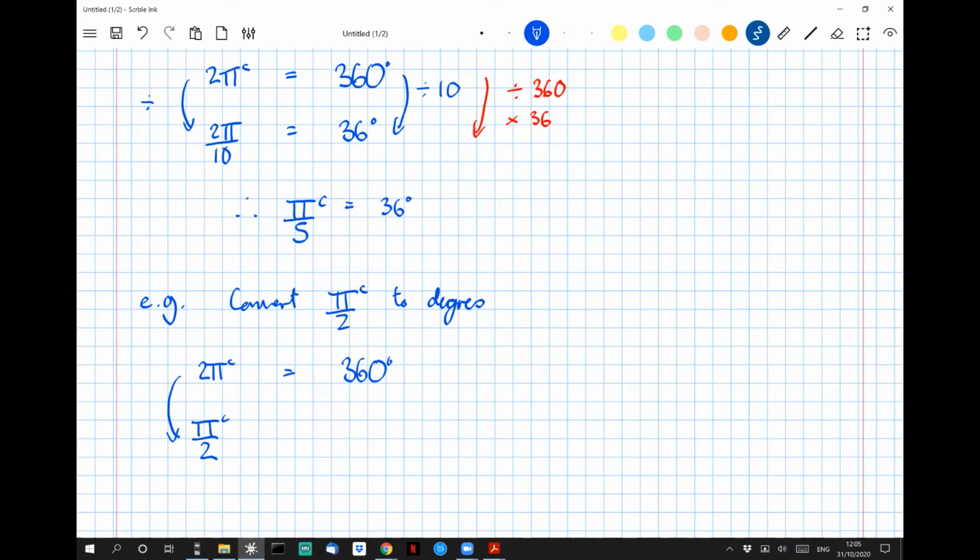However, let's do it the longer way, just to illustrate that it's equivalent. So find 1 radian, so we're going to divide by 2 pi. Then we want pi over 2 radians, so we times by pi over 2. So we'll do exactly the same at this side, divide by 2 pi, times by pi over 2.